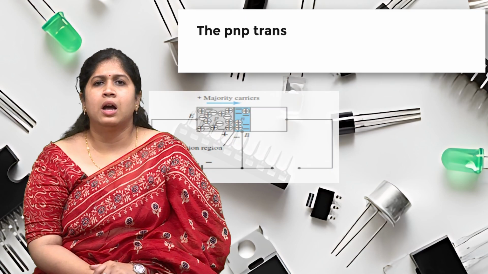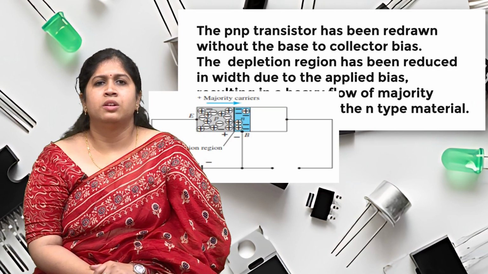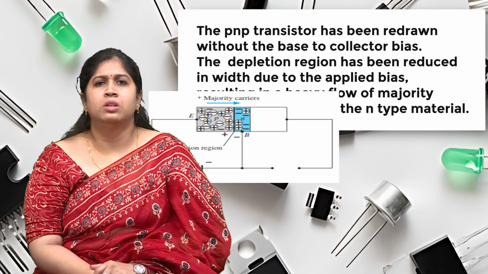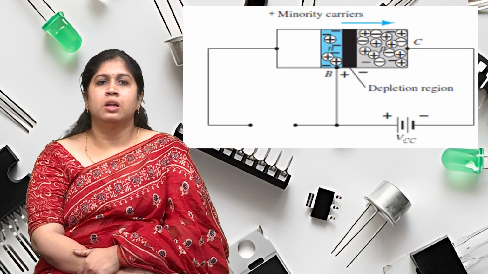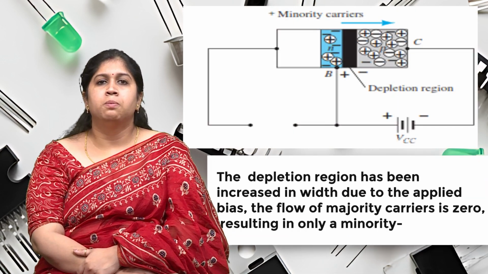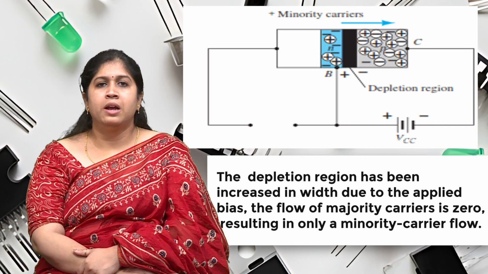As shown in the figure below, the PNP transistor has been redrawn without the base to collector bias. Let us now remove the base to emitter bias of the PNP transistor as shown in the figure. The depletion region has been increased in width due to the applied bias.